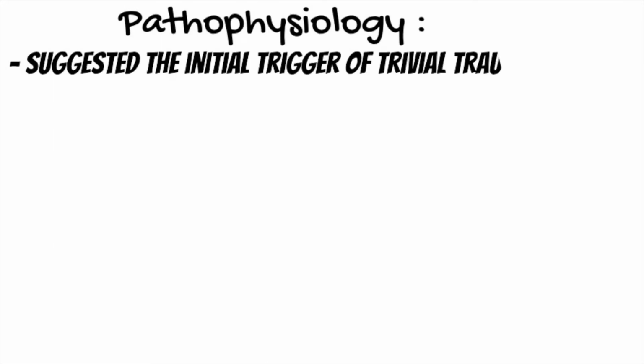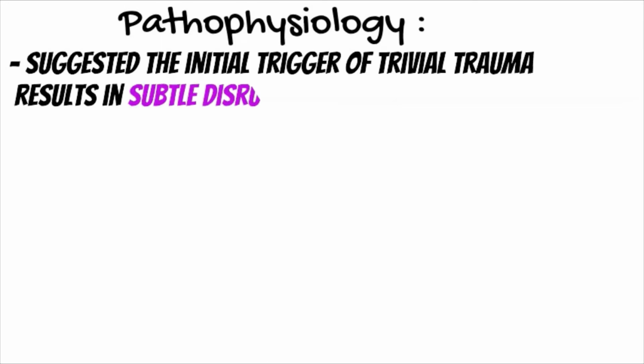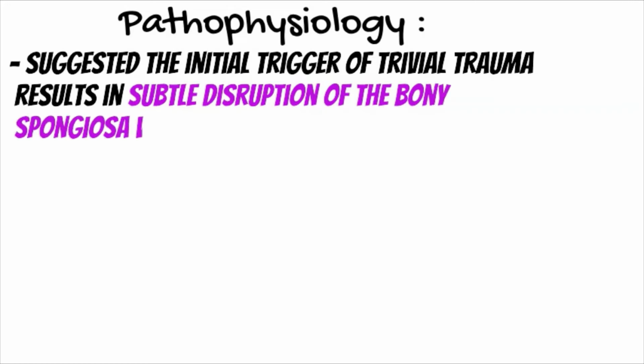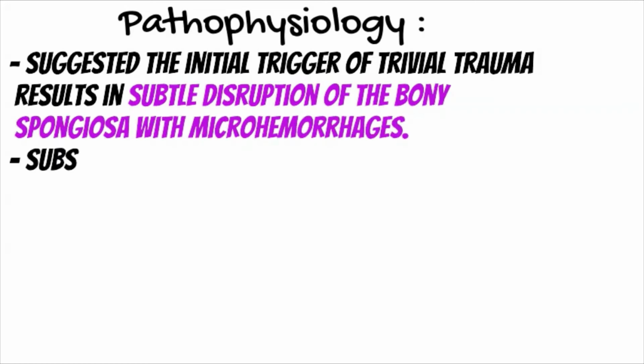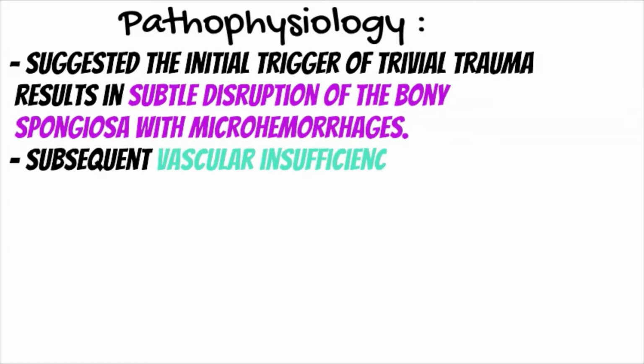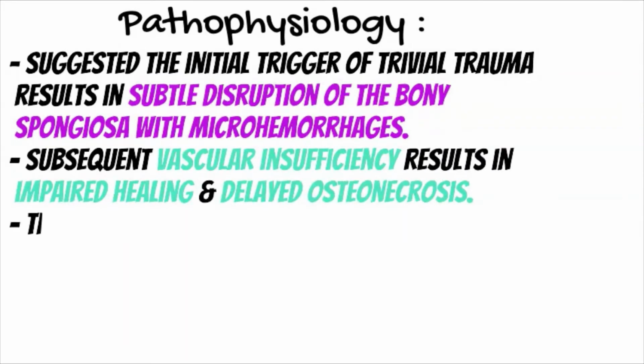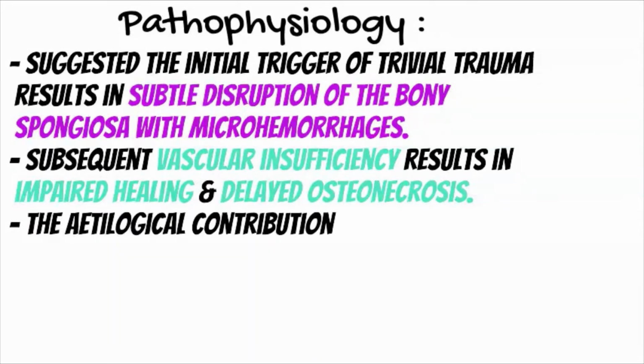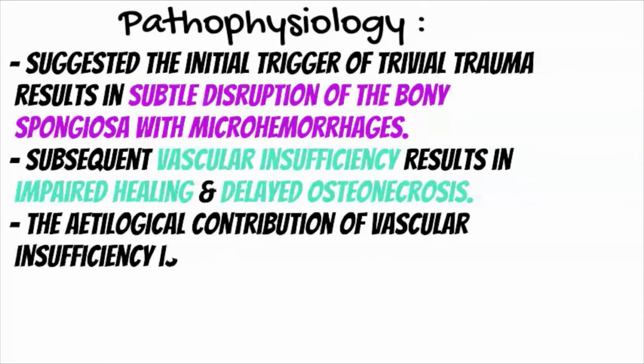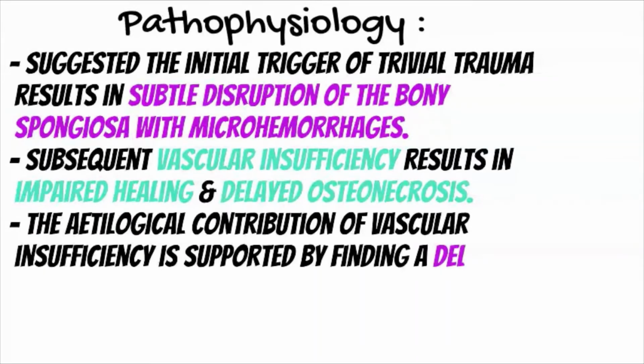Pathophysiology of Kummel disease suggests the initial trigger of trivial trauma results in subtle disruption of the bony spongiosa with microhemorrhages. Subsequent vascular insufficiency results in impaired healing and delayed osteonecrosis.